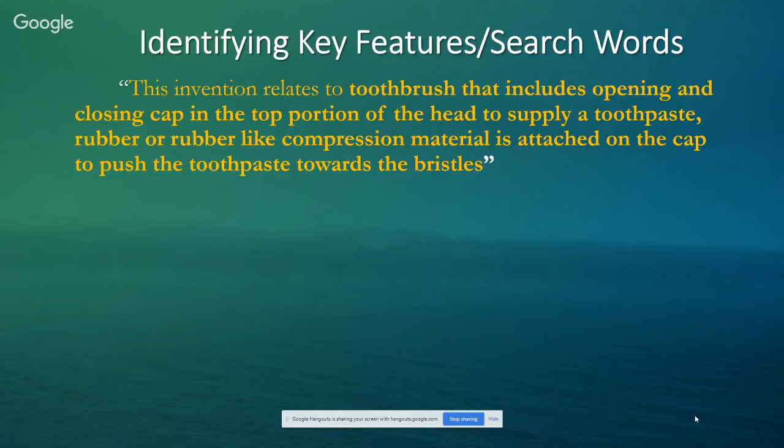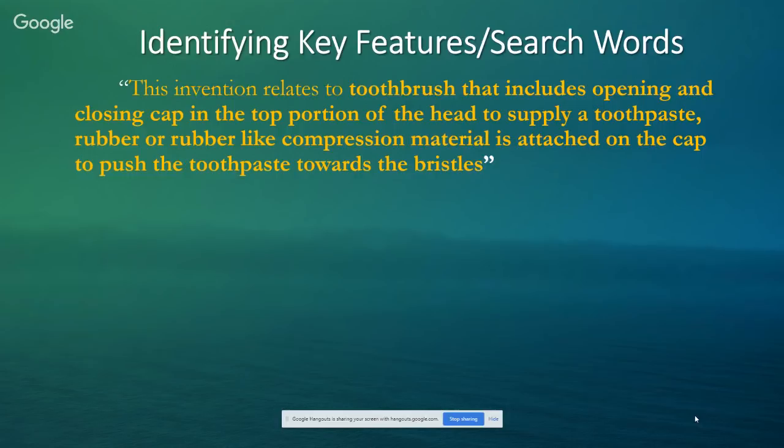For example, here, let me read out the disclosure. This invention relates to a toothbrush that includes an opening and closing cap in the top portion of the head to supply a toothpaste. A rubber or rubber-like compression material is attached on the cap to push the toothpaste towards the bristles. So the question is, you have to ask what problem this disclosure is solving.